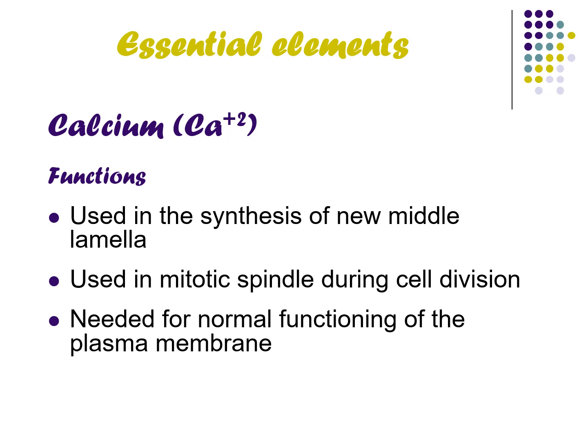It is needed also for normal functioning of the plasma membrane. The plasma membrane becomes leaky, or the physical integrity of the membrane is compromised, when there is insufficient calcium.